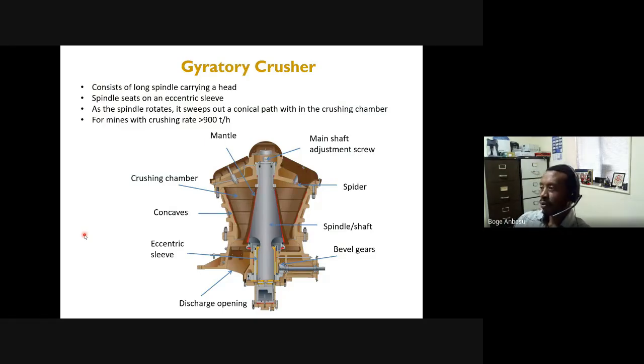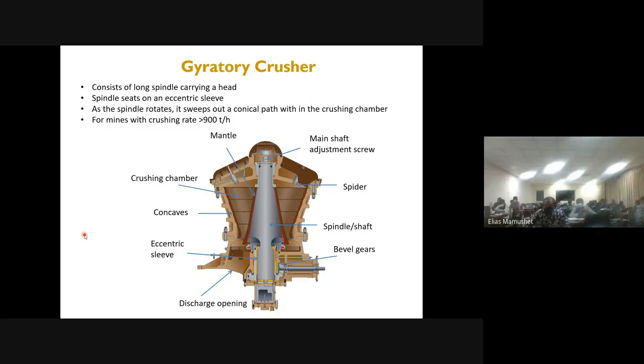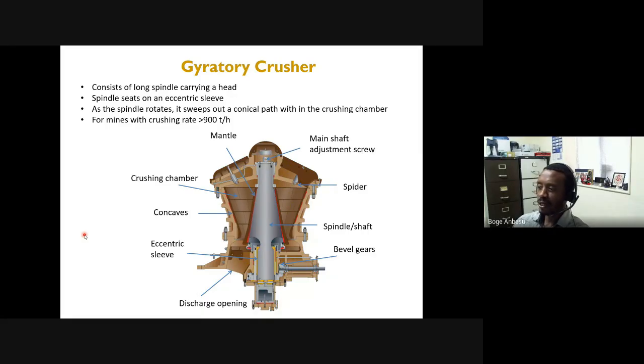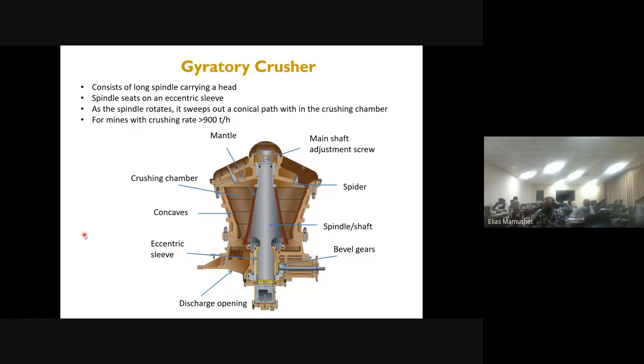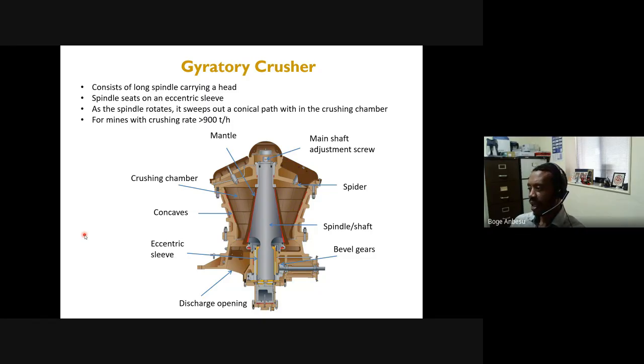Okay, a gyratory crusher is another primary crusher we use typically. Okay, and it works slightly different from a jaw crusher. In a gyratory crusher, we have a mantle, and there's a spindle that is suspended on this mantle, and that spindle is on eccentric sleeves. So basically, you apply a rotation.